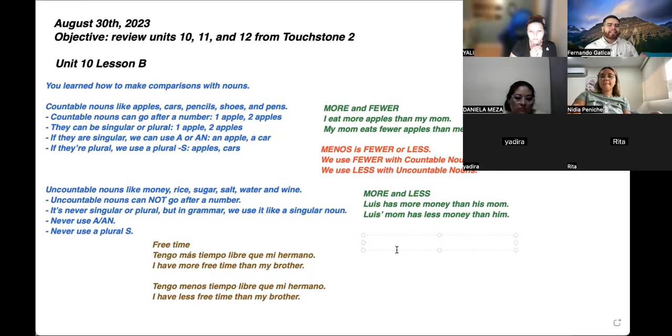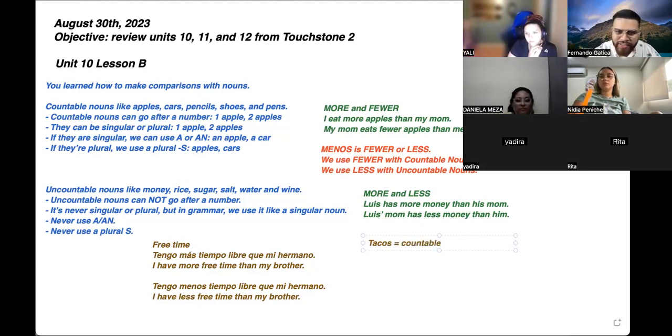How do I say tacos in English? Tacos. Now tell me, is that countable or uncountable? Countable. All right, 1 taco, 2 tacos, 3 tacos. So it's countable, right? Yolanda, help me.